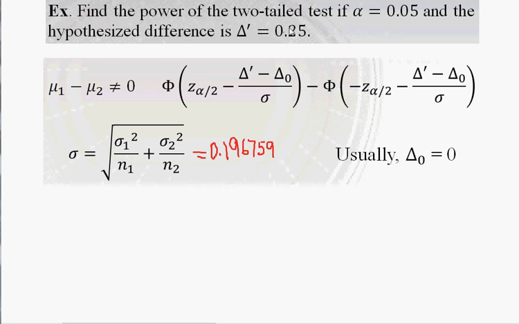In our case, alpha is equal to 0.05, so my z sub alpha over 2 is going to be the mark where 0.025 is the area to the right.